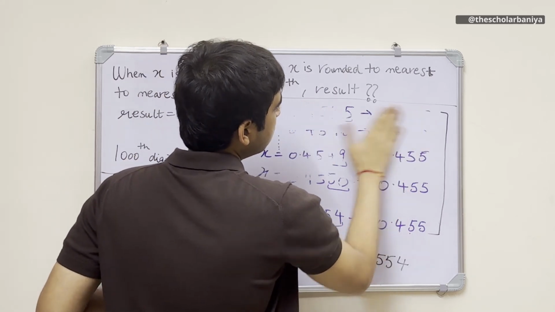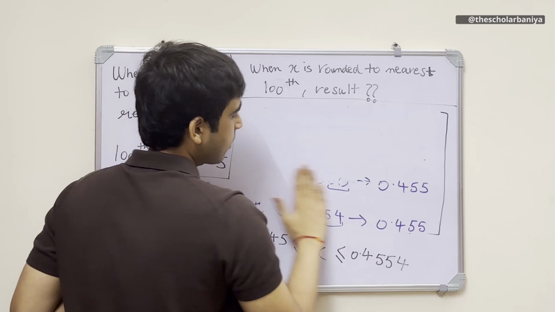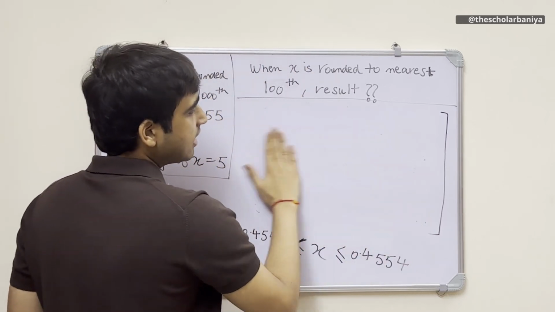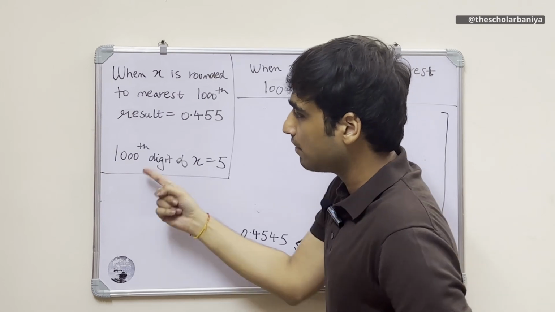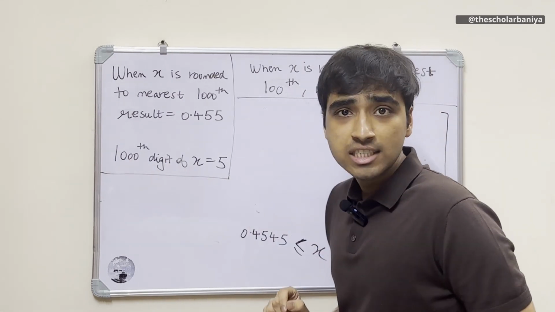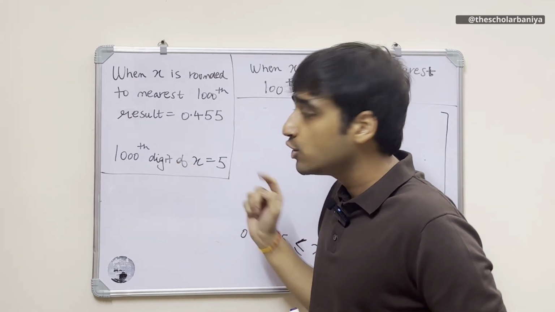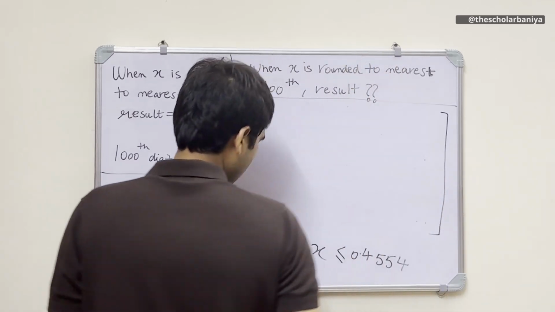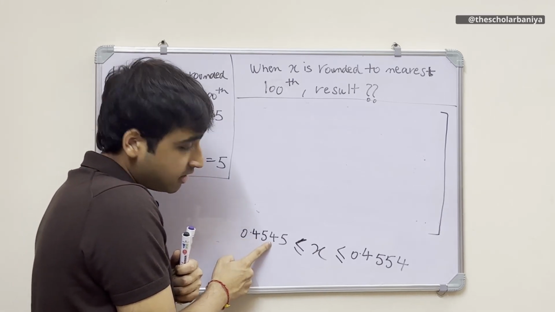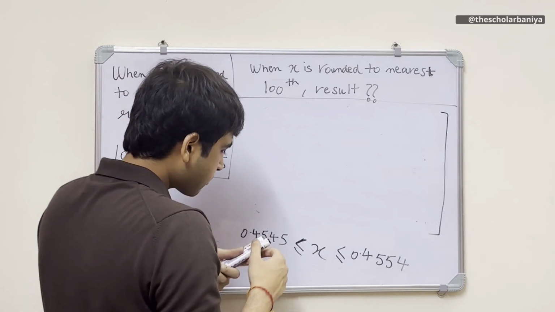Now, I hope this much is clear, right? Now, the other given condition is that the thousandths digit of x is 5. If you see the thousandths digit here, in tenths, hundredths, thousandths, the thousandths digit over here is 4, right?